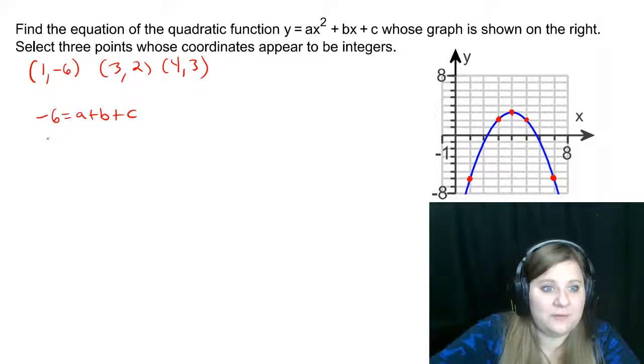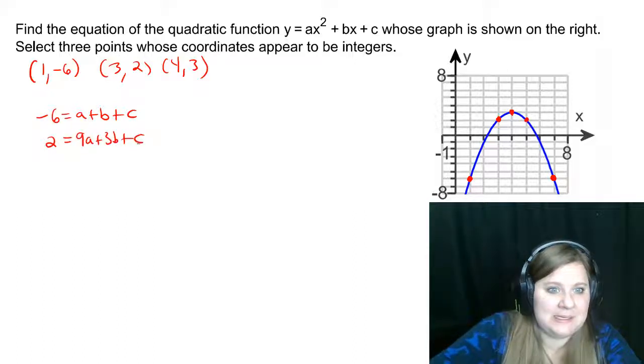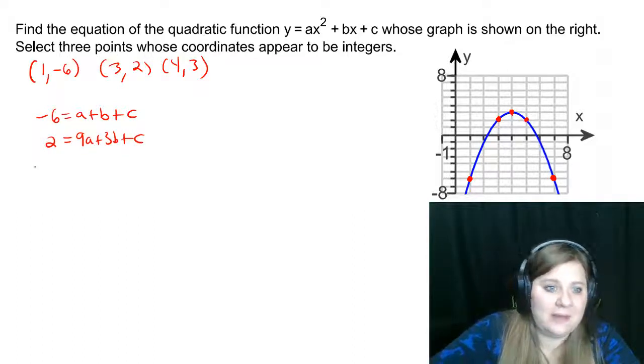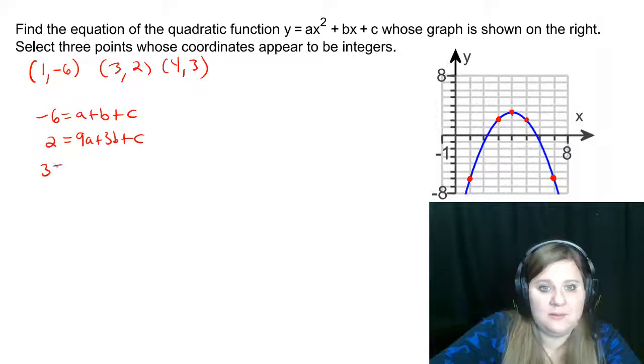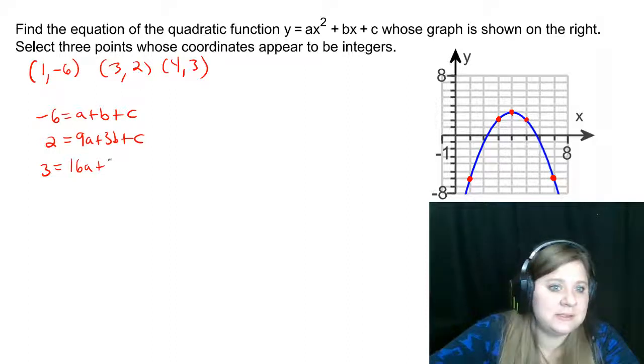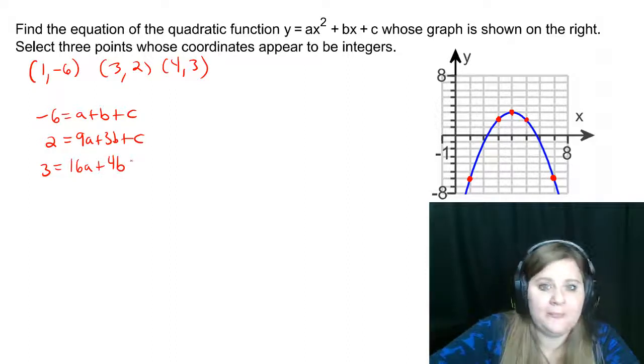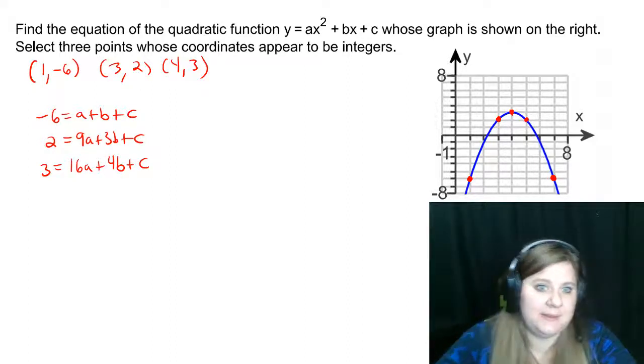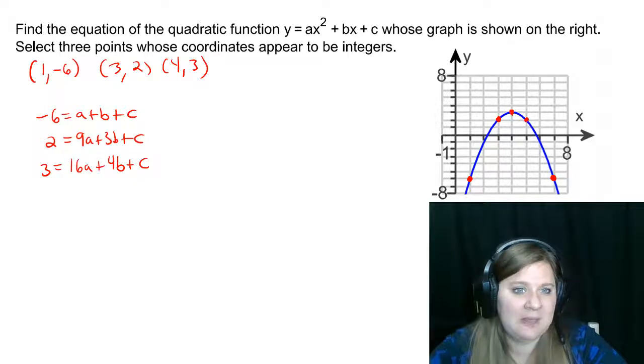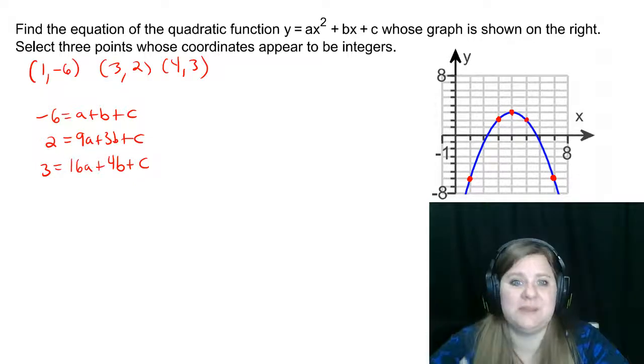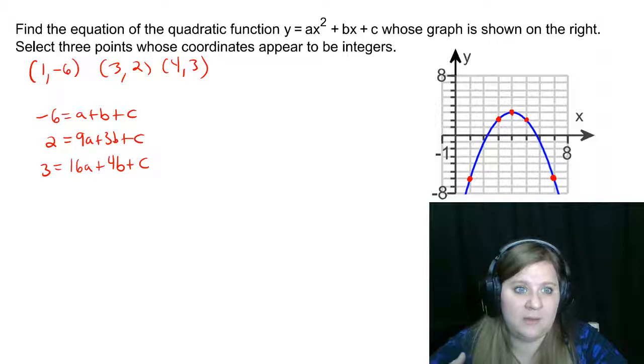And then we have 2 equals 9a plus 3b plus c. And then we have 3 equals 16a plus 4b plus c. Okay, so again, notice what I did was I plugged in 1, 3, and 4 for the x's, and negative 6, 2, and 3 for the y's.